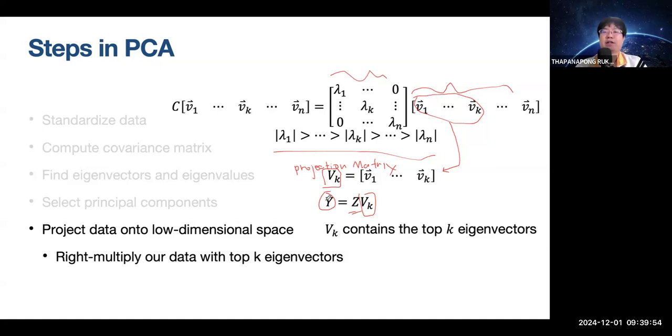And this new data will have k dimensions. So that is how the PCA transforms the data into a lower dimension.